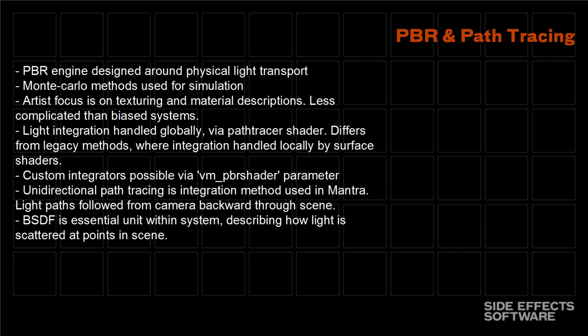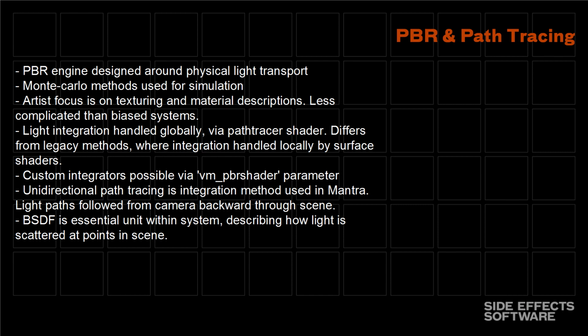So the big difference is light integration. As we mentioned previously, where it used to be handled at the surface level, now light integration is handled globally. And that's done by a path tracer shader. Now, the path tracer shader works in the fog context in VEX. And so it is present as a global shader assigned to all primitives in the scene. So the path tracer shader runs on top of everything in the scene. And that allows us to do intersection and probing of the BSDF from each of the intersections.